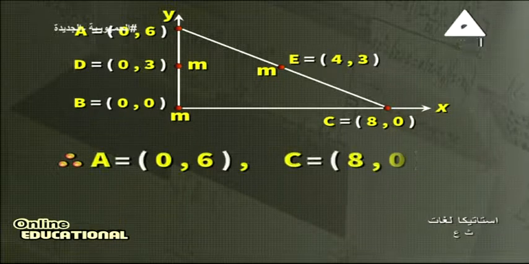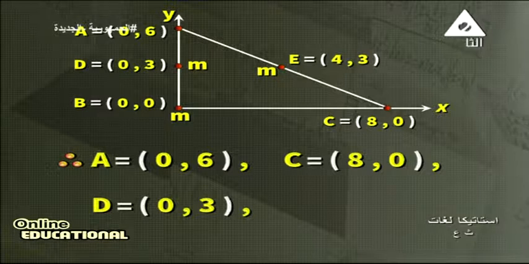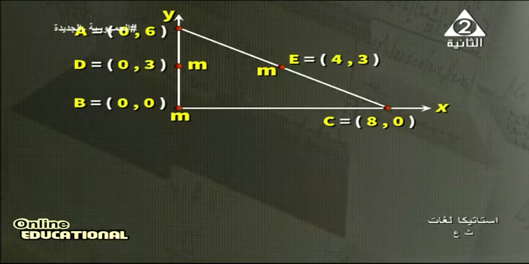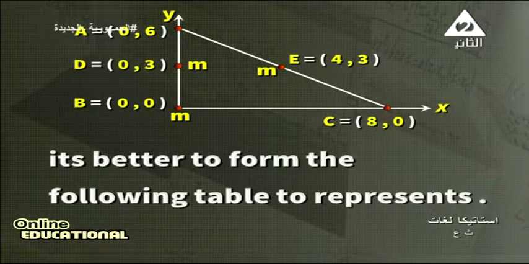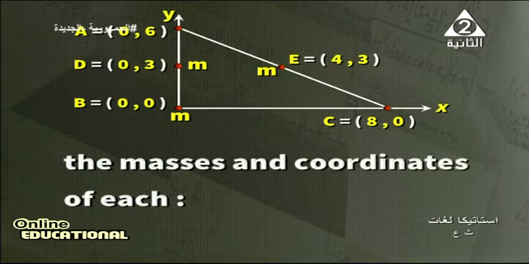Therefore, we know that point A 0, 6, point C 8, 0, point D 0, 3, also point E by using midpoint 4, 3. It's better to form the following table to represent the mass and coordinate of each.